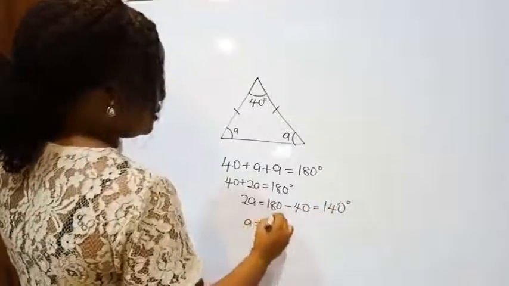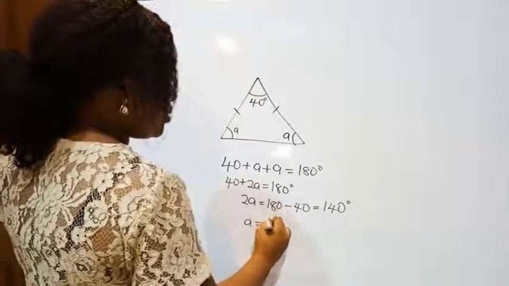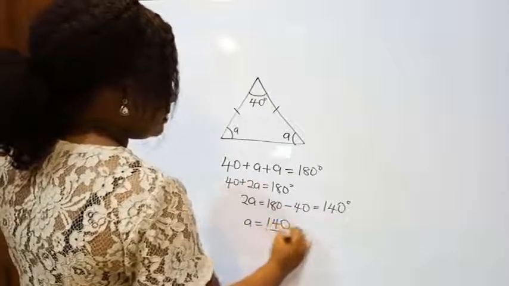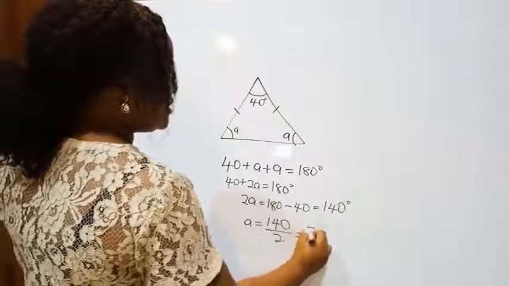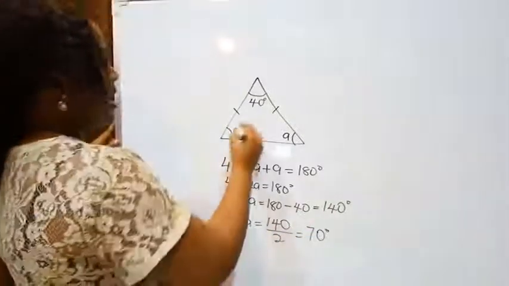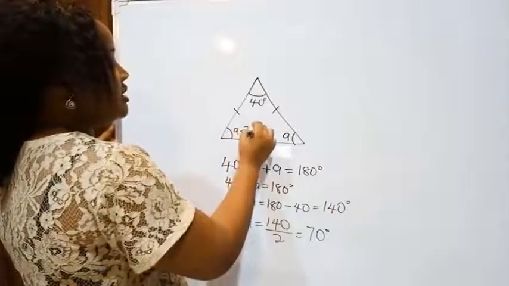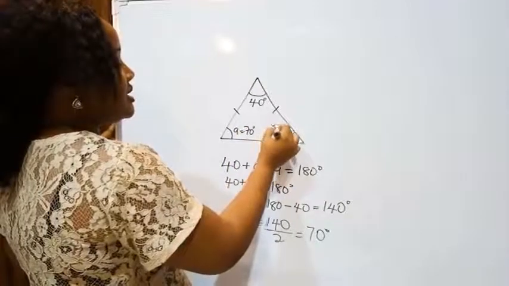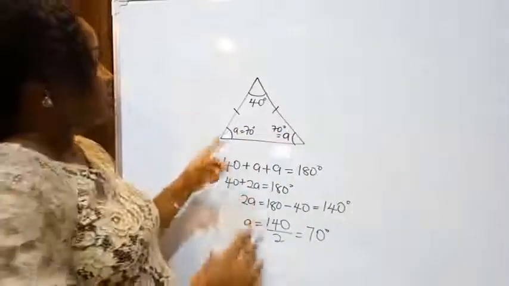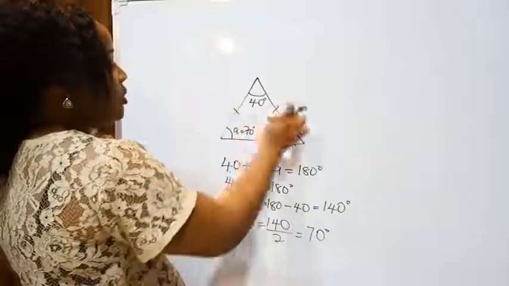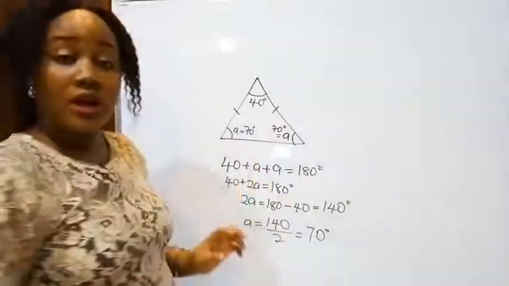So A equals, divide both sides by 2, 140 divided by 2, which gives us 70 degrees. So we have this angle to be what? 70 degrees, and we have this angle to be 70 degrees. So this is an isosceles triangle, has two sides equal and two angles equal.